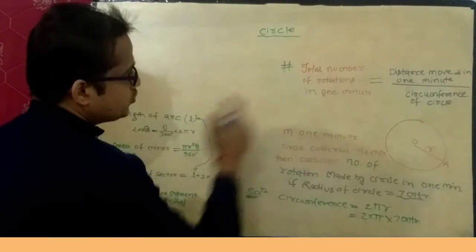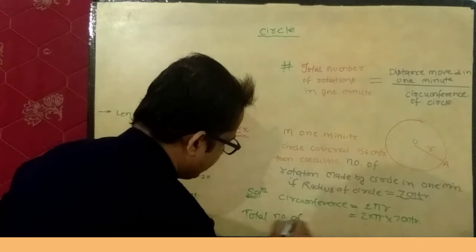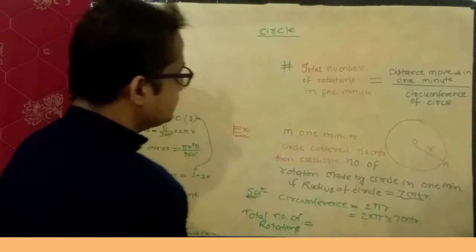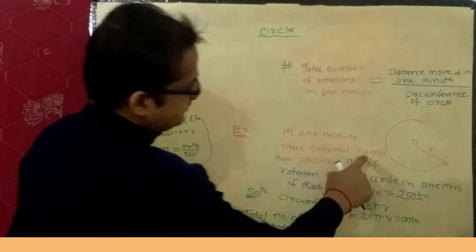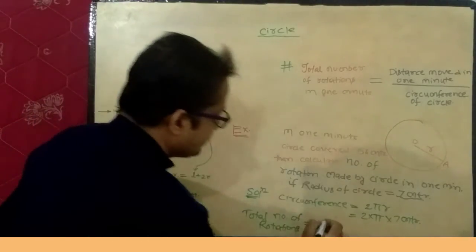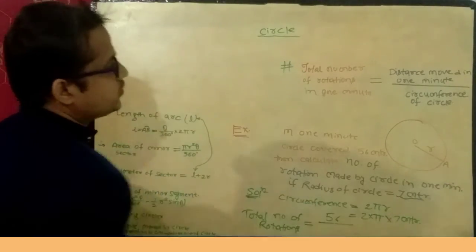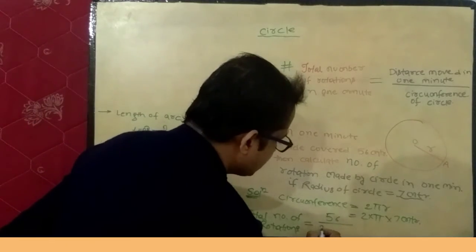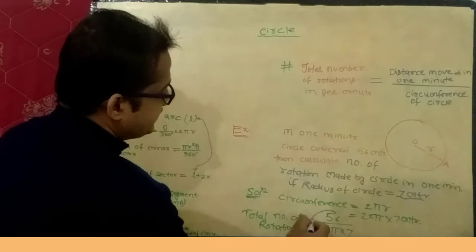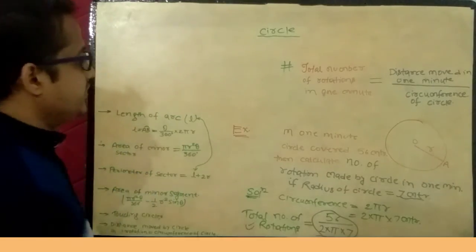Now the total number of rotations equals, this is the distance covered by the circle in 1 minute and this is the circumference of the circle, simply 56 divided by 2 pi into 7, so 2 into pi into 7. After solving this, you will get the number of revolutions made by this circle in 1 minute.